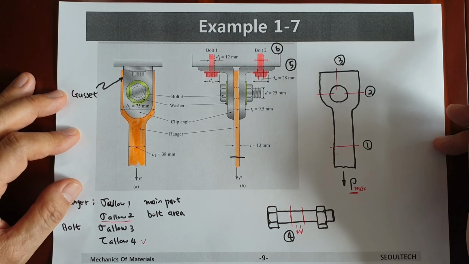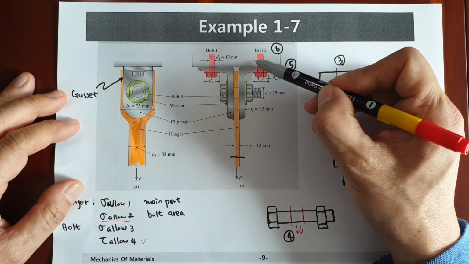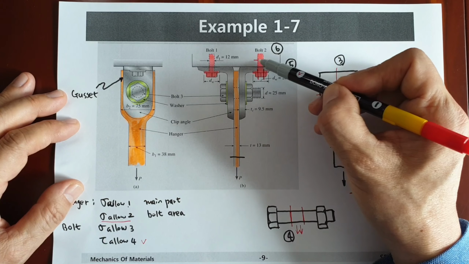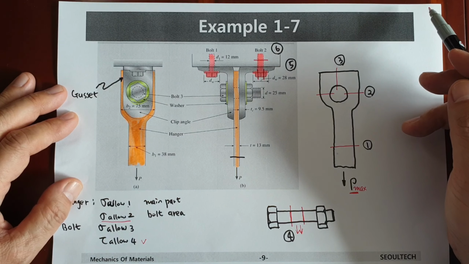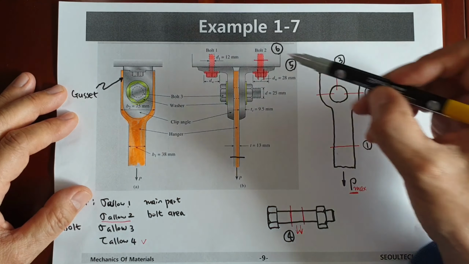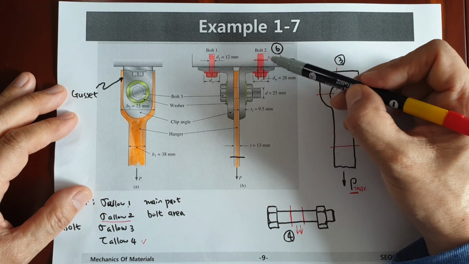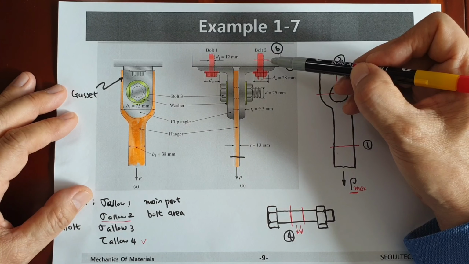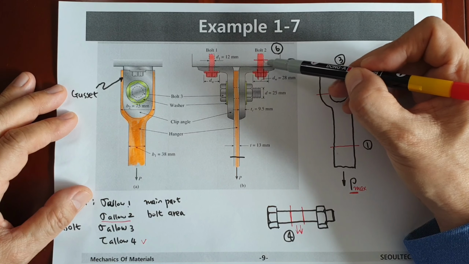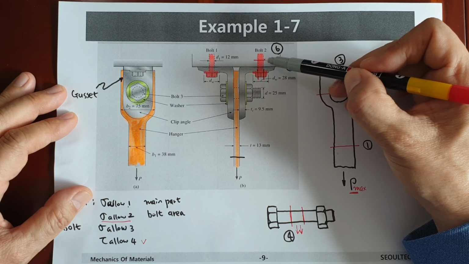Next, finally, we can think of this kind of cross section. But in reality, it's not so important because it differs depending on the bolting condition, or how tightly it is assembled here.